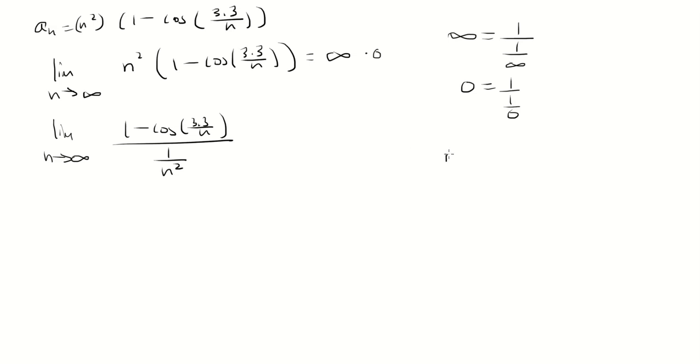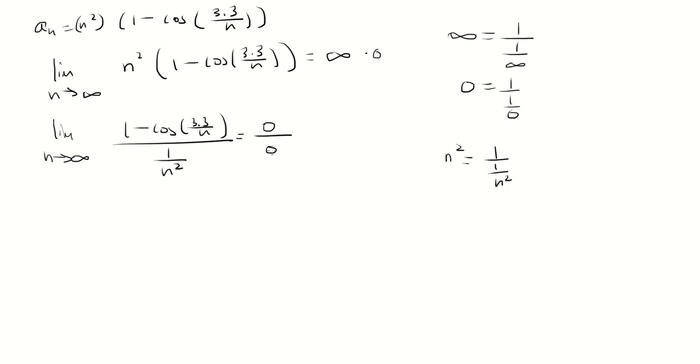And so what I'm saying is that n squared is 1 over n squared. It's like the reciprocal of the reciprocal. It cancels out. You get the original.